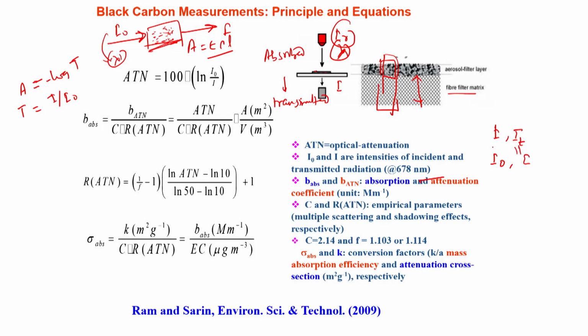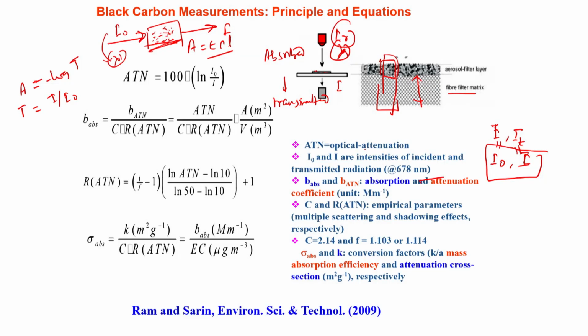This is very common terminology. If you define it this way, for example I and I0, it is understood that I0 is the intensity of the incident solar radiation, or the laser source that you have, and I is the transmitted radiation.